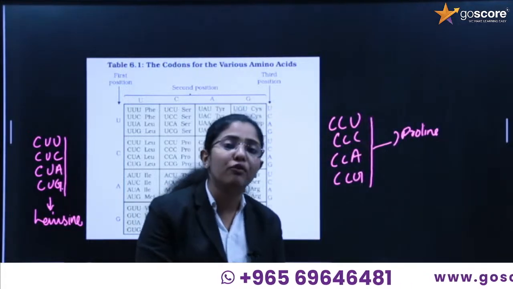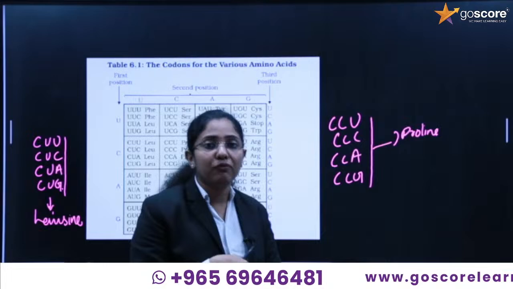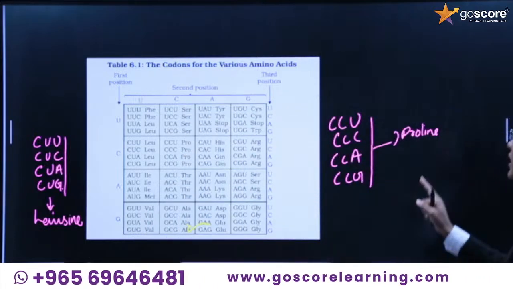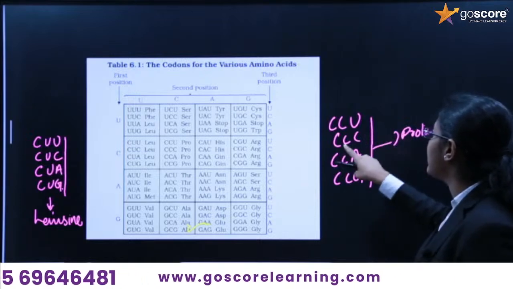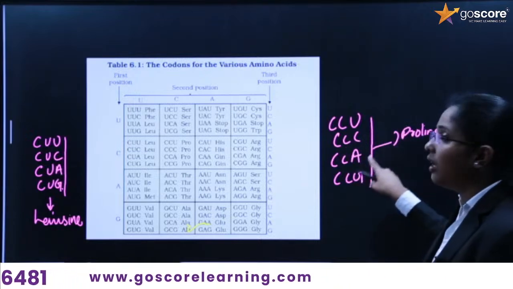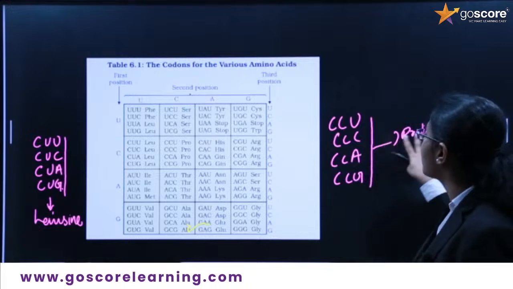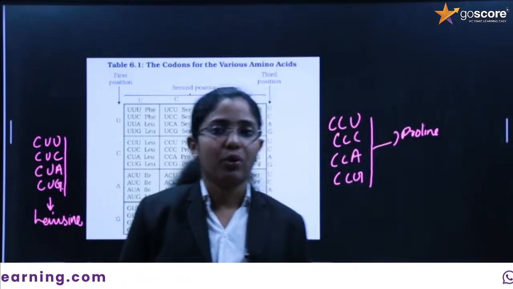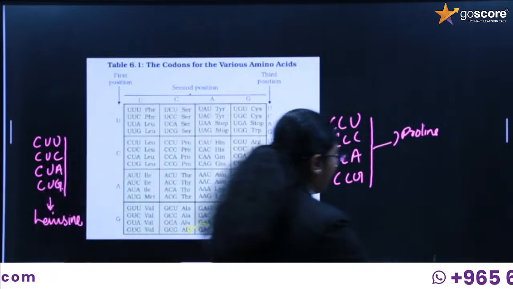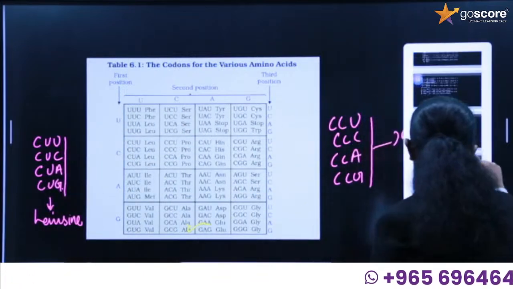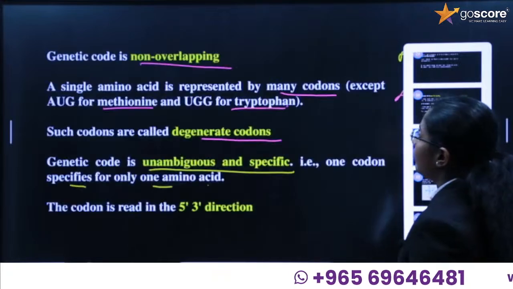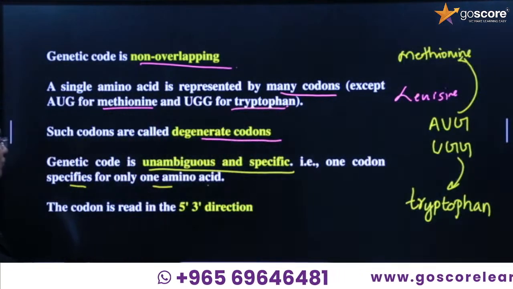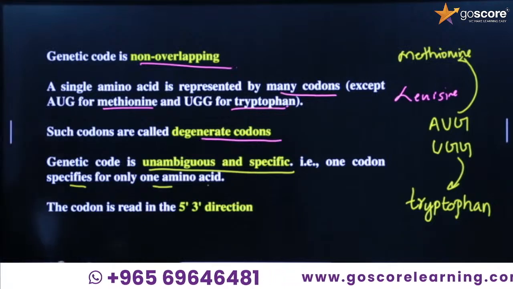It won't code for tryptophan or methionine. Is it clear? CCU codes for proline, CCC will always code for proline, CCA also codes for proline, CCG also codes for proline. That is the condition here. So we can say one codon specifies only one particular amino acid.